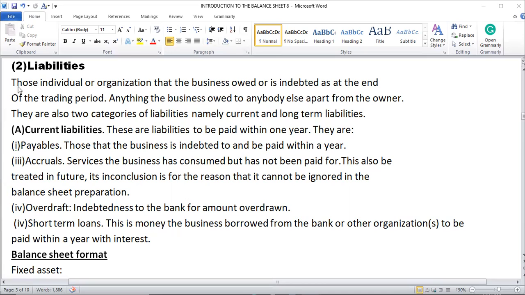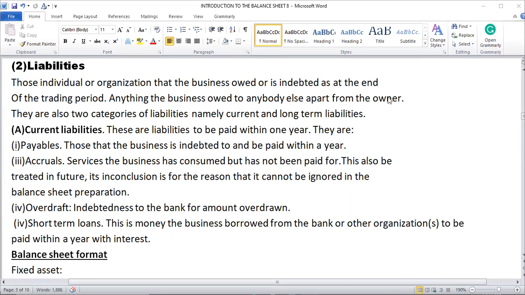So liabilities. When we say liabilities, what's the meaning in accounting? Those individuals or organizations that the business owes or is indebted to as at the end of the trading period. Anything the business owes to anybody else apart from the owner.